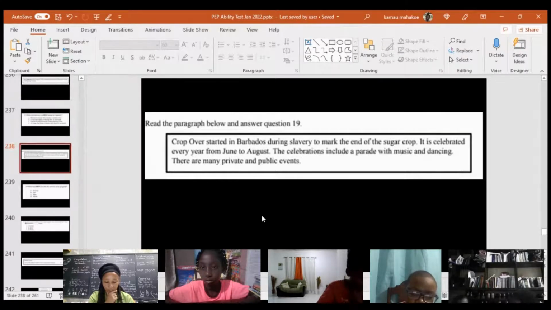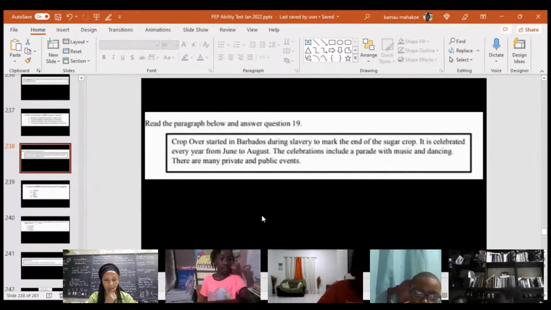Crop Over started in Barbados during slavery to mark the end of the sugar crop. It is celebrated every year from June to August. The celebrations include a parade with music and dancing. There are many private and public events.